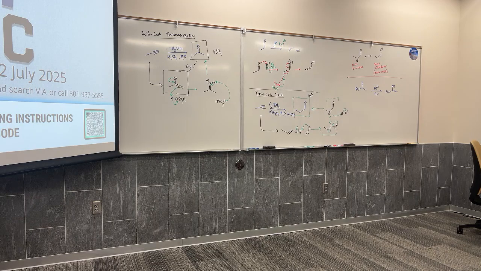Notice in the last mechanism, OH minus acted as a base, and then at the end, it acted as an acid and reformed OH minus. We just want to go in the reverse now. We want to use OH minus as a base on the alpha carbon, and then we'll work it back to form the enol.